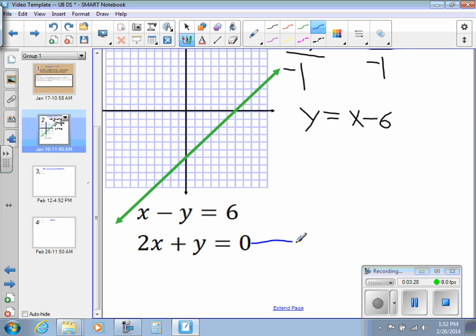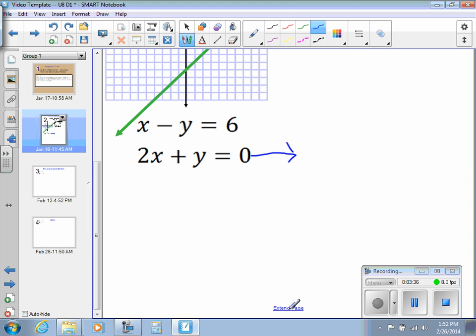So now I'm going to take this equation and I'm going to solve it. So let me go ahead and rewrite it here. I've got 2x plus y equals 0.